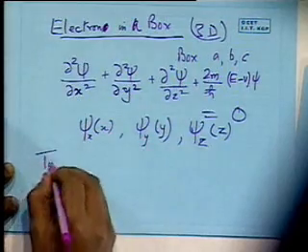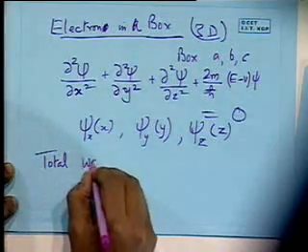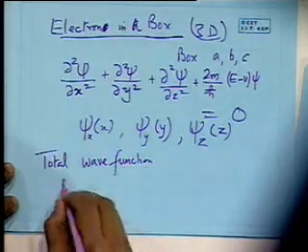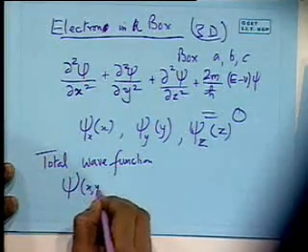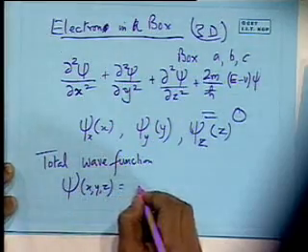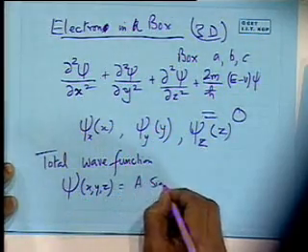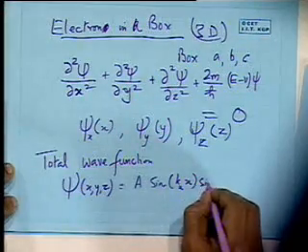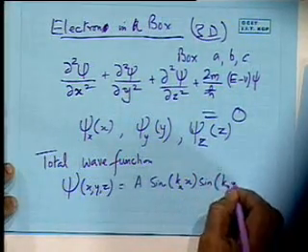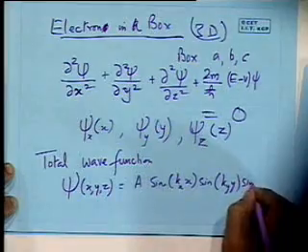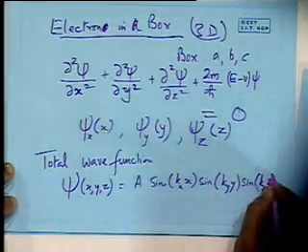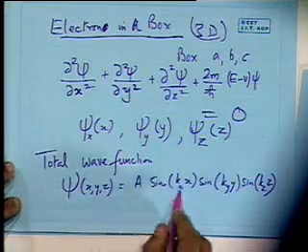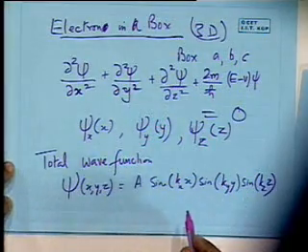And therefore the total wave function will be given by psi(x, y, z) equals A sine k x x, sine k y y, sine k z z, where A is a constant and the k's are also constant.